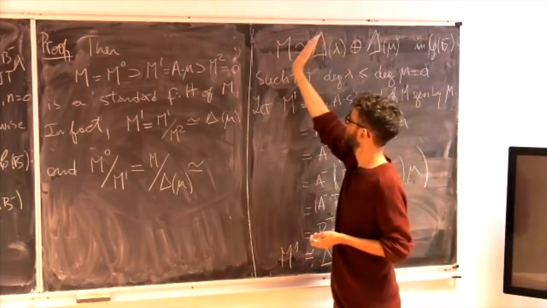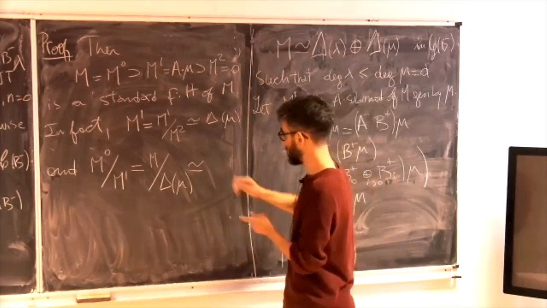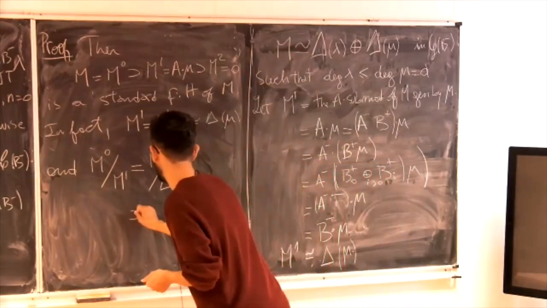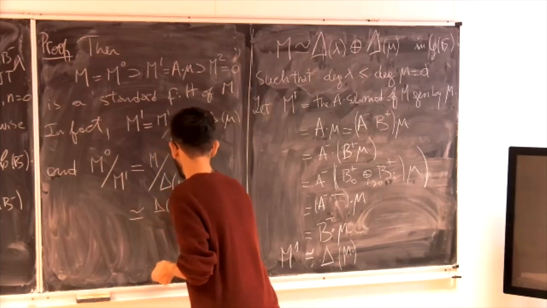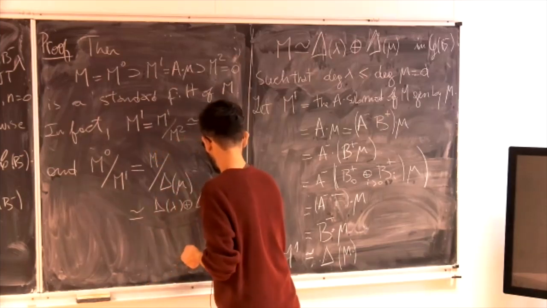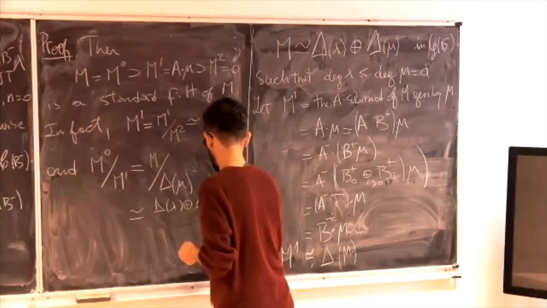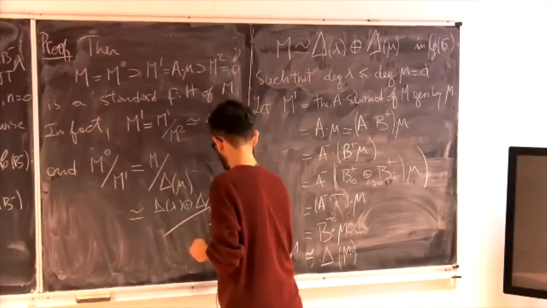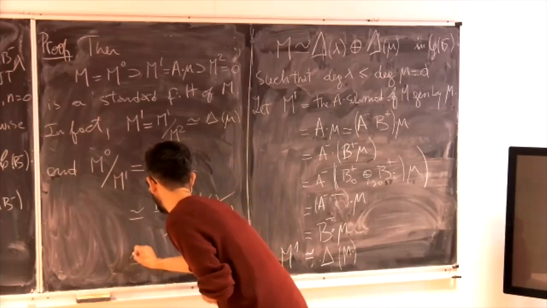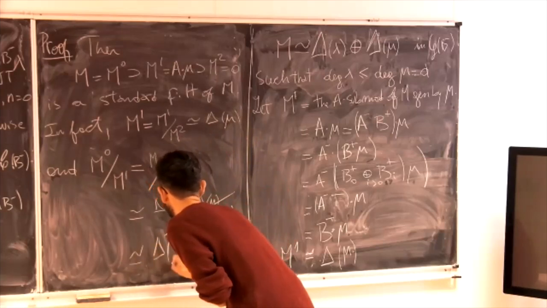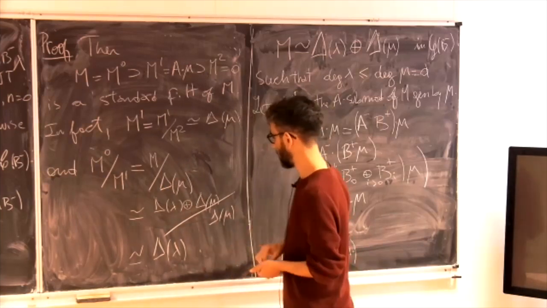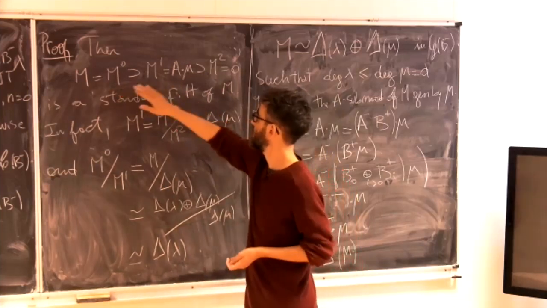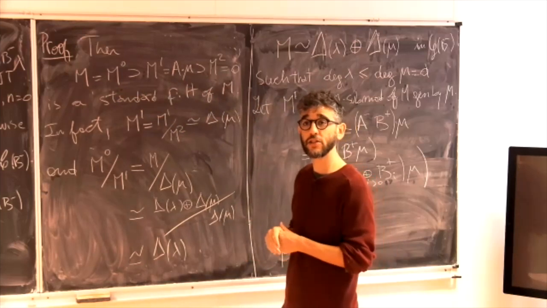So when we take this quotient, I will write it here, this is isomorphic to delta lambda. And this proves that this is a standard filtration of M.